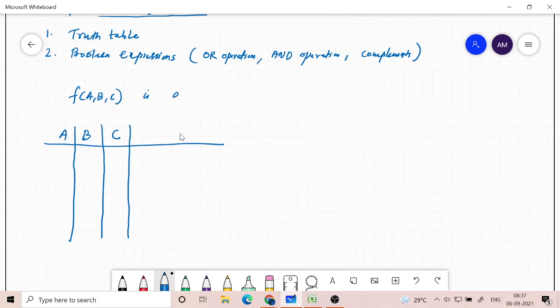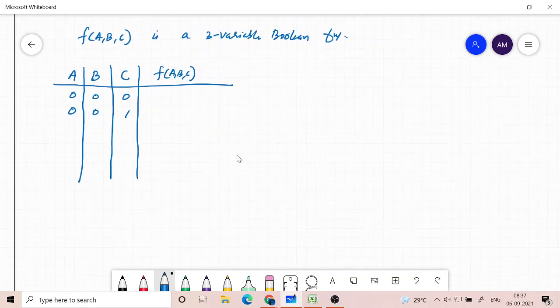So this is a 3 variable Boolean function, f of a, b, c. Now a can take 0, b can take 0, c can take 0. This is one of the 8 possibilities. Now if I have to write the truth table, I need to exhaust all the possibilities.